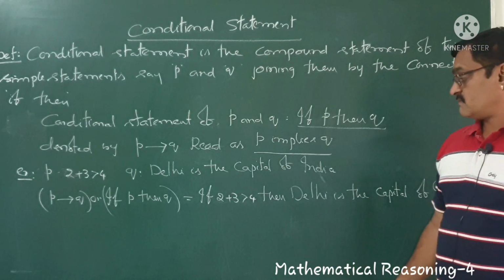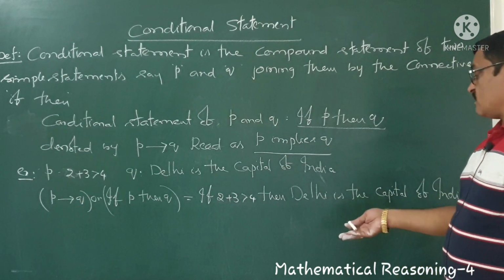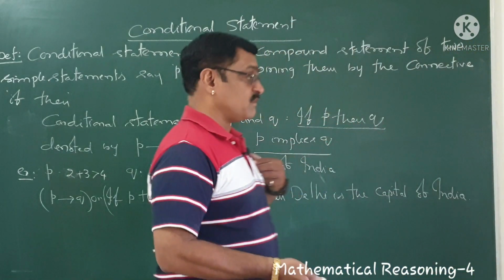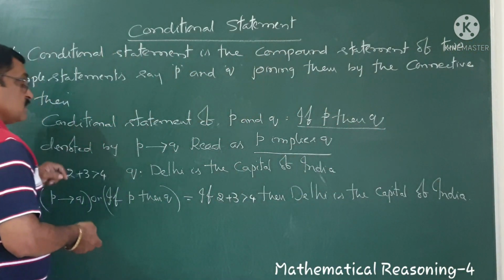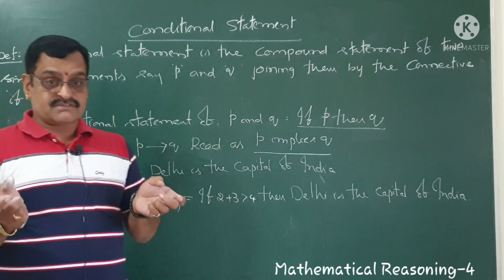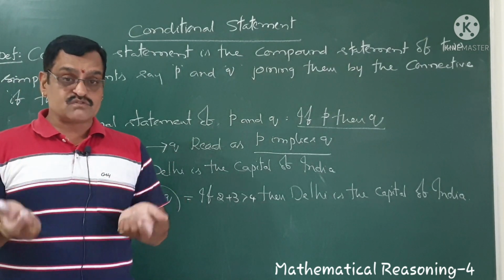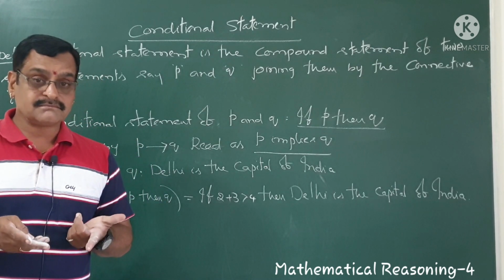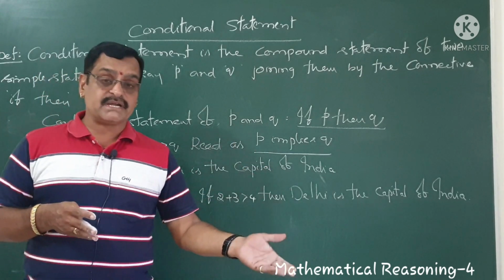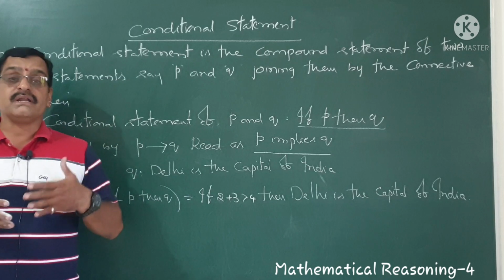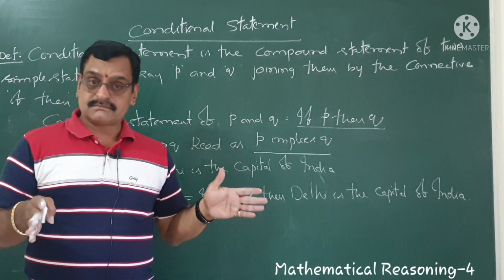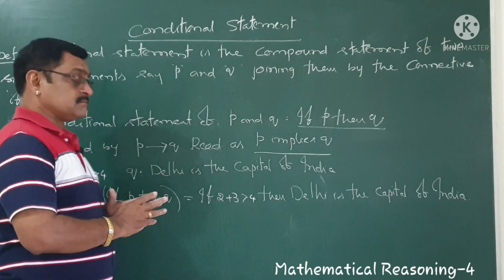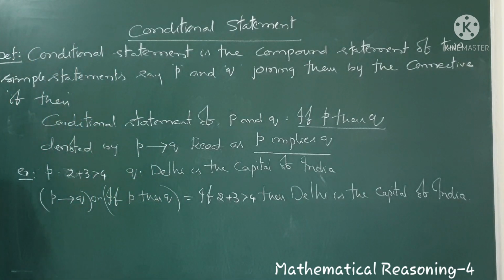If 2 plus 3 is more than 4, then Delhi is the capital of India. Why I have chosen this example is that to combine two statements using a connective, P and Q need not have any relation. Okay, let's go to the next one.